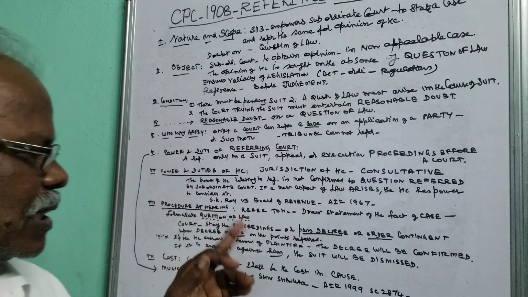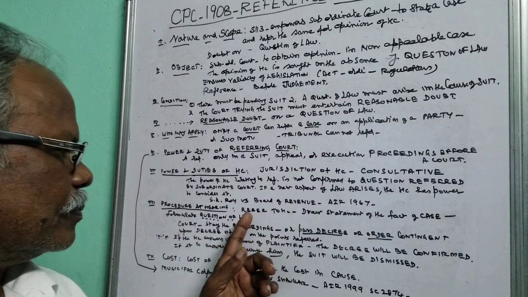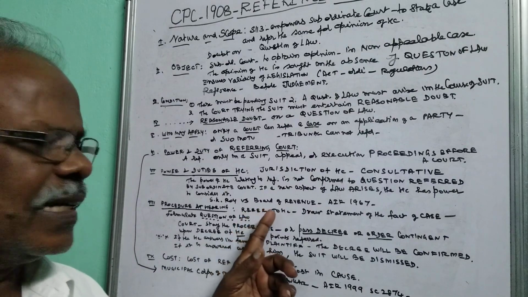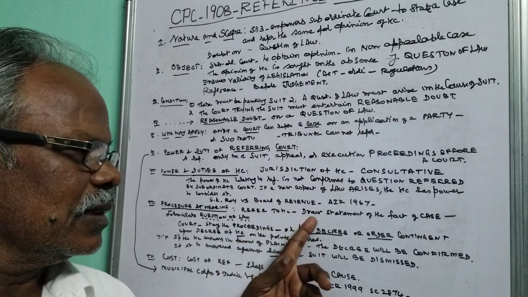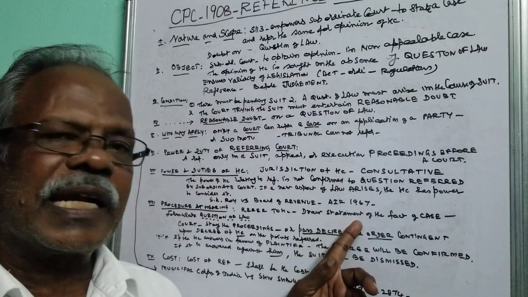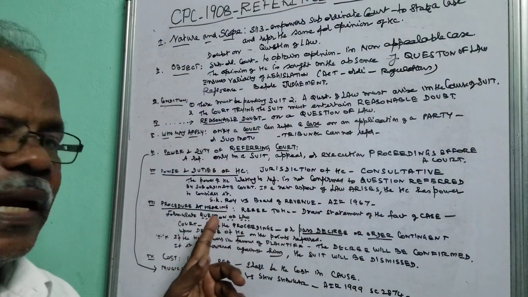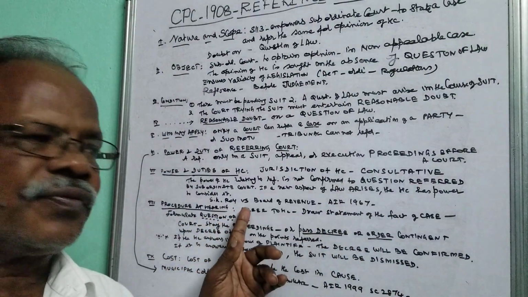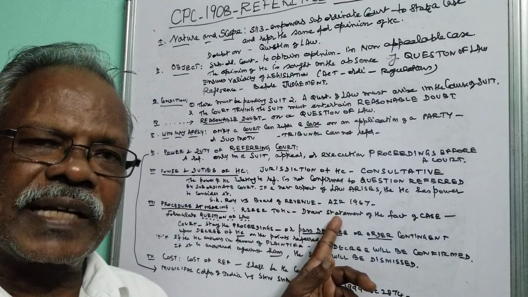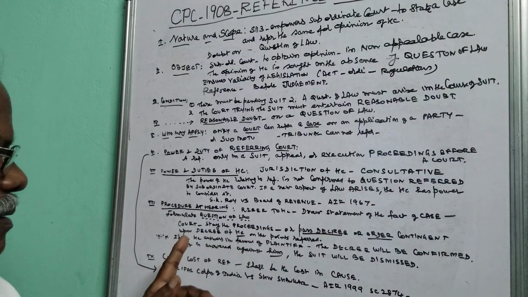Then the procedure at hearing. What is the procedure to be followed at hearing? When a matter is referred to the High Court, the court draws up a statement of the facts of the case, then formulates the question of law.